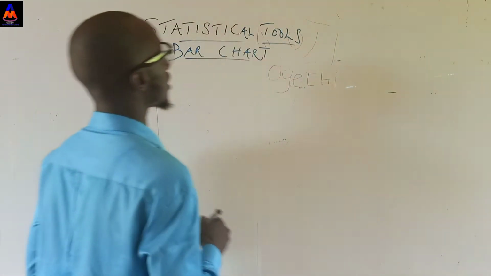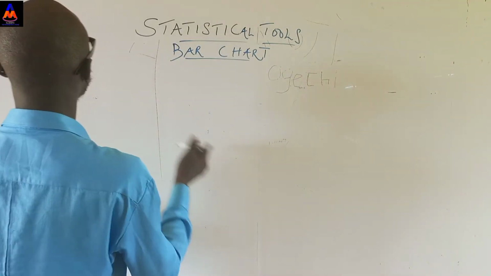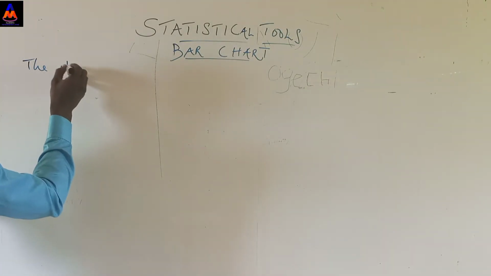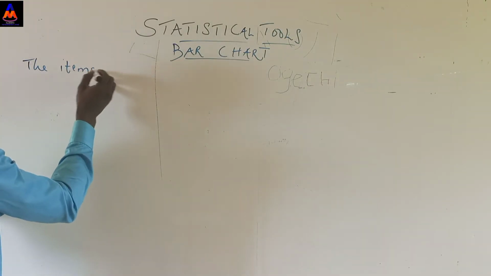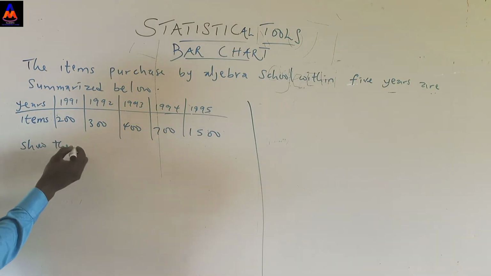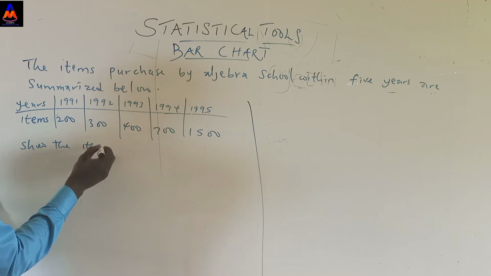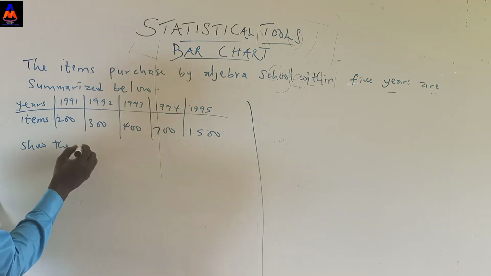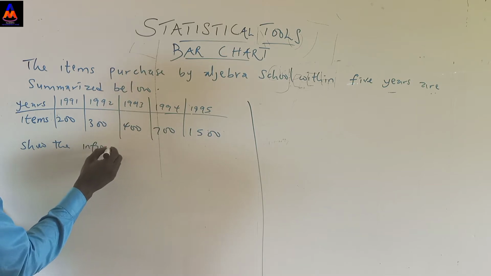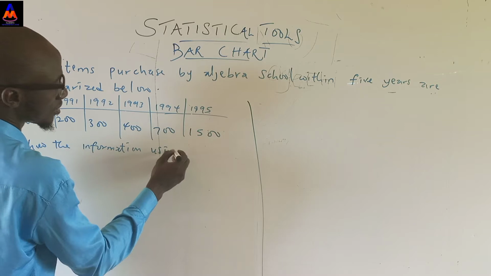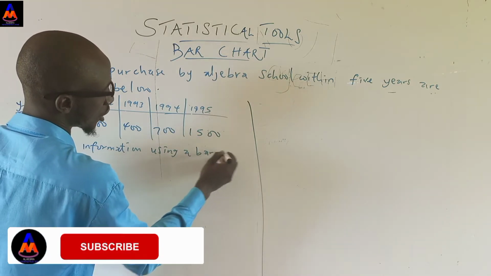Let's assume we are given an example of items purchased, and we are told to show the information using a bar chart.